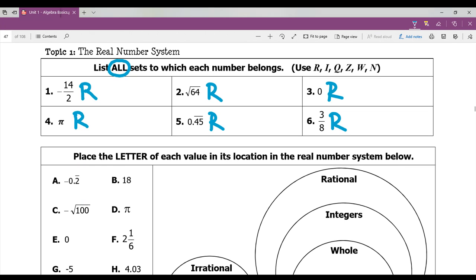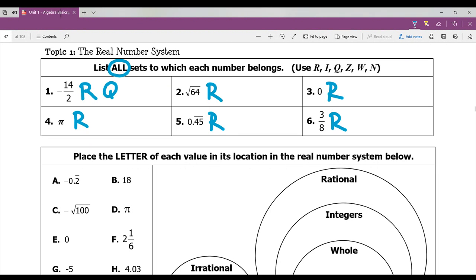So let's start with number 1 here. Negative 14 halves. Well, it's already a real number. It's also rational because it's clearly written as a fraction, so we can go ahead and put Q. Okay? Notice I skipped I because it's not irrational. Whatever it's not, you don't list.